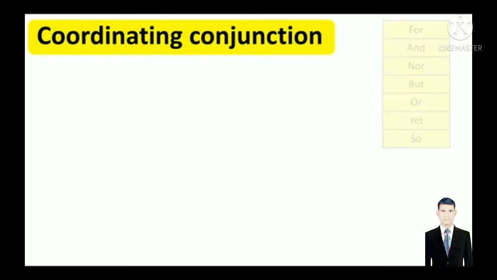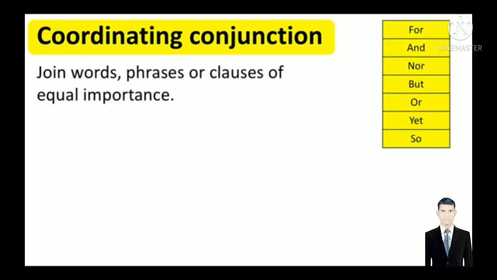Coordinating conjunction. This type of conjunction is used to join words, phrases, or clauses of equal importance. This includes for, and, nor, but, or, yet, so. When joining 2 words or phrases, we generally don't require a comma.